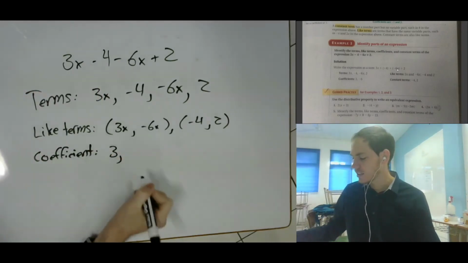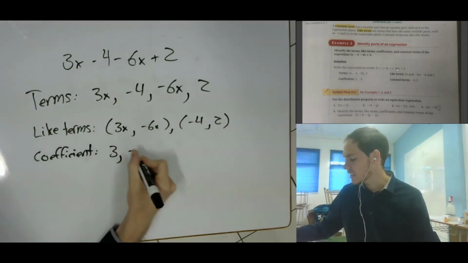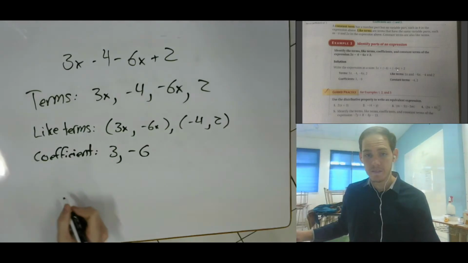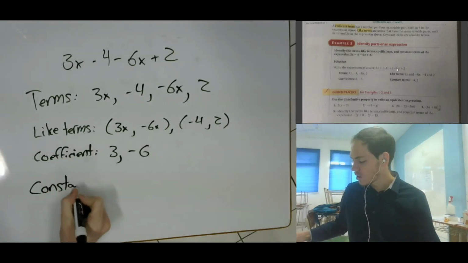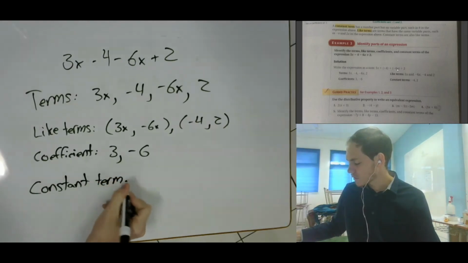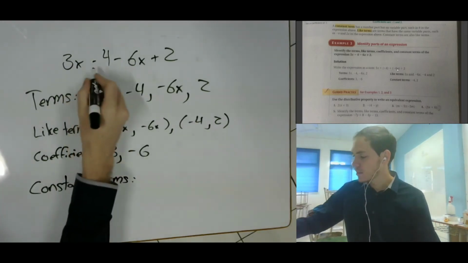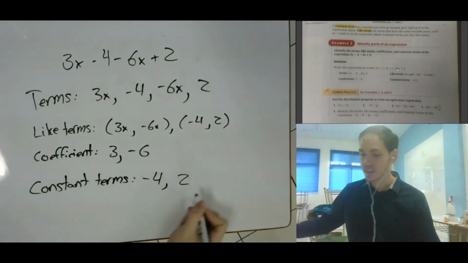So 3 is a coefficient. What about this one? Negative 6. Now constant term means there's no variable. What are our constant terms? Well, negative 4 does not have any variable, and 2 does not have a variable.